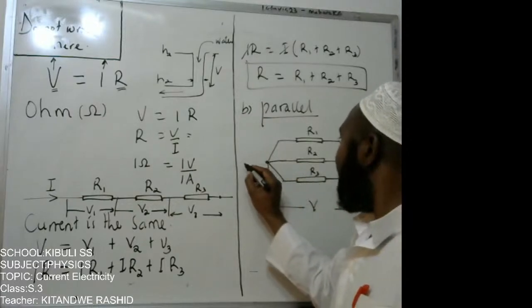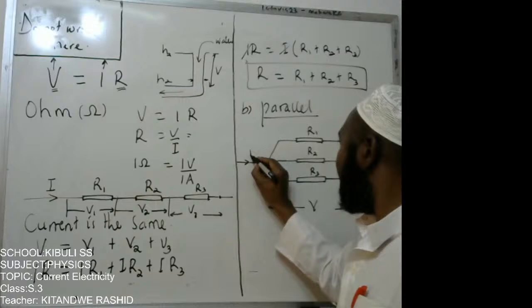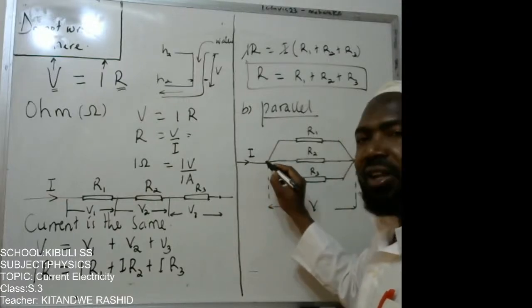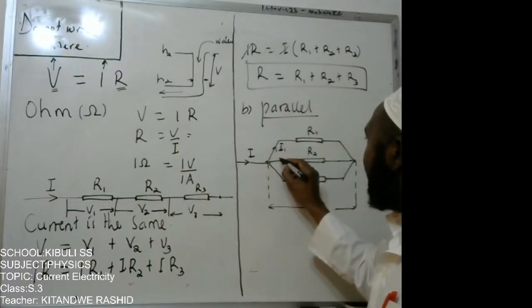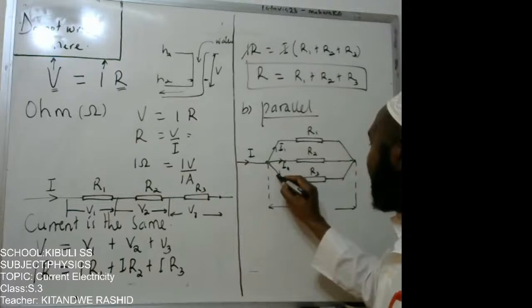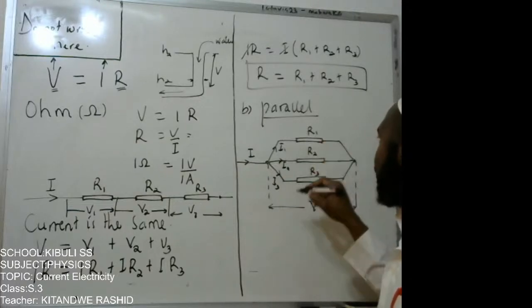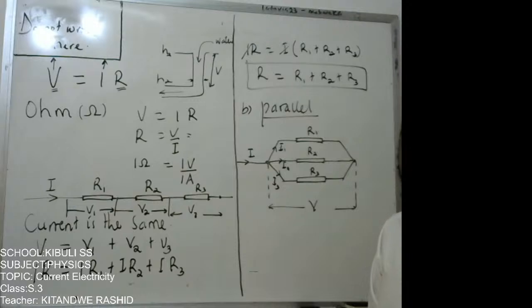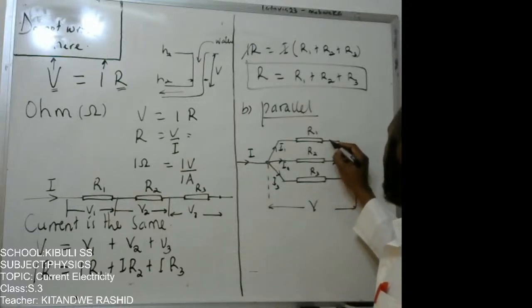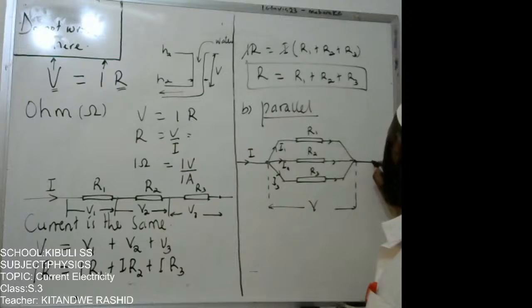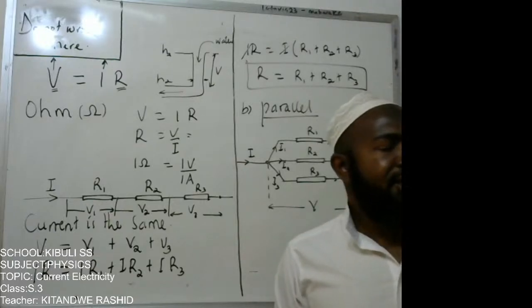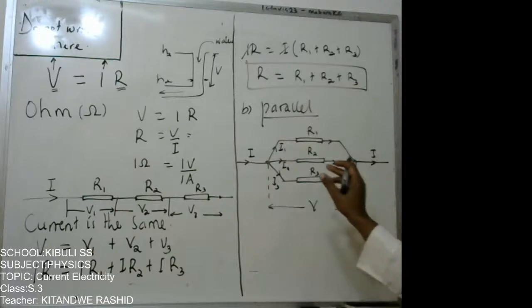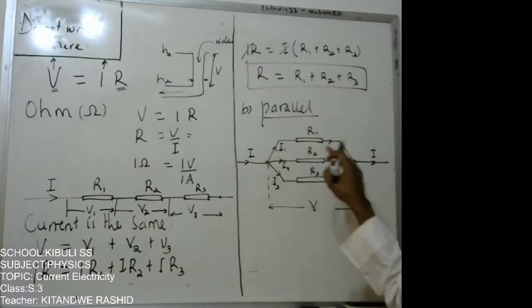So, if we allow current to come here, once it reaches this junction, it is going to subdivide into I1, I2, and I3 across individual resistances. So now, it can recombine and then continue. Recombine to form I again. Now, we say in parallel, PD is the same because they have common intersection.